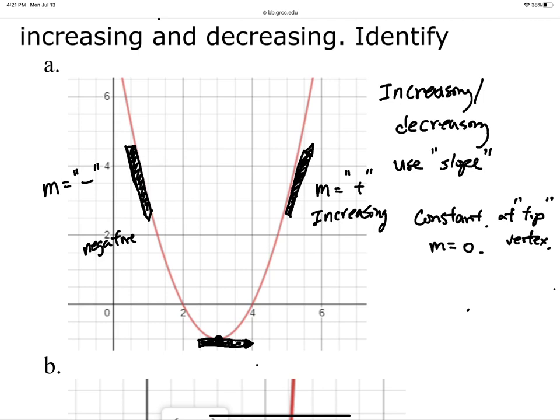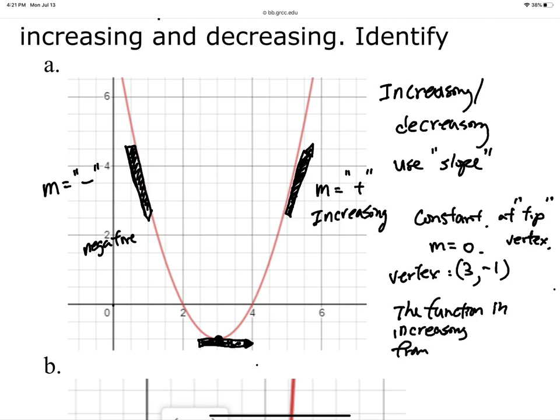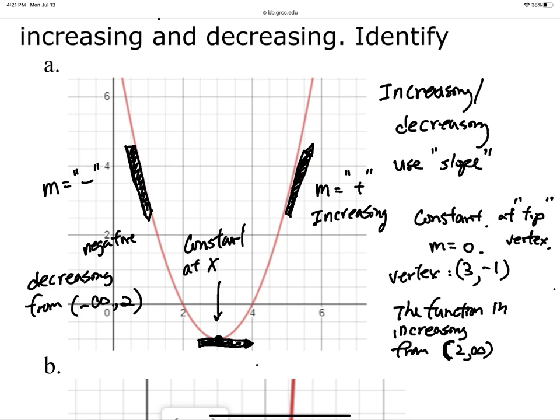If you look, the vertex happens at 3. These go by 2s, so 3 and negative 1. So the function is increasing on the interval 3 to infinity, decreasing from negative infinity to 3, and constant at x equals 3.